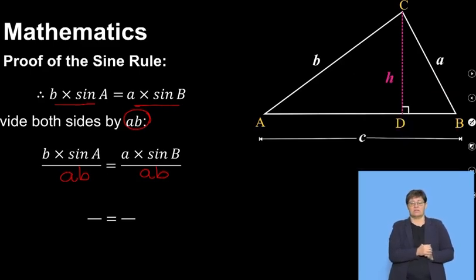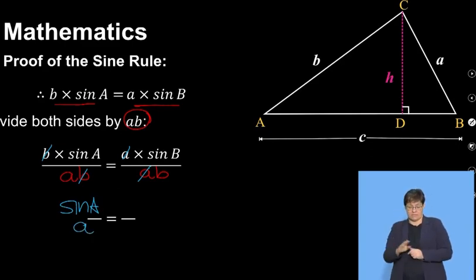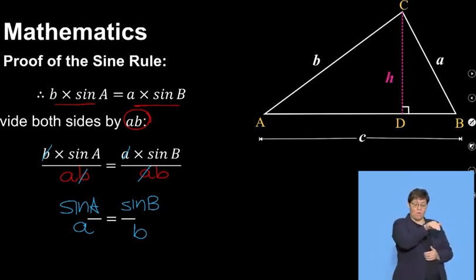On this side, the b's are going to cancel out, and on this side, the a's are going to cancel out, leaving us on the left-hand side with sine A over a. And on the right-hand side, we're left with sine B over b. And that's exactly what we needed to prove: sine A over a is equal to sine B over b.